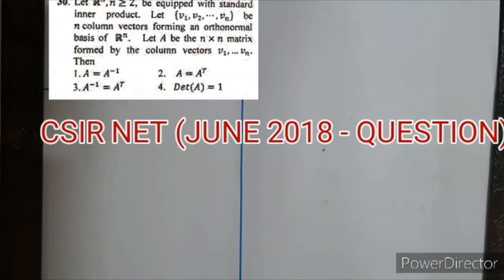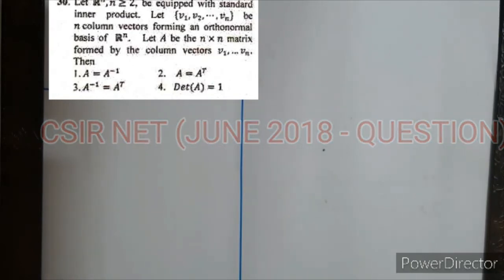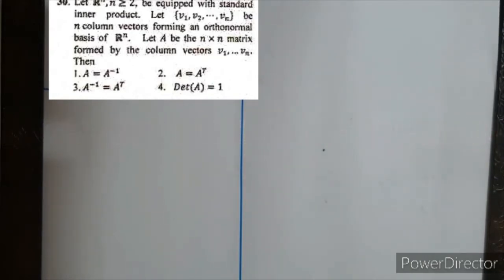Let A be the n by n matrix formed by the column vectors v1, v2, etc., vn. Then options are: A equal to A inverse; second, A equal to A transpose; third, A inverse equal to A transpose; and fourth, determinant of A equal to 1. So this is a B part question, therefore one answer is correct.